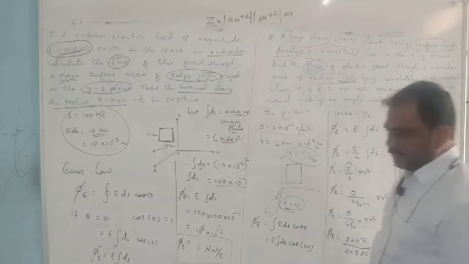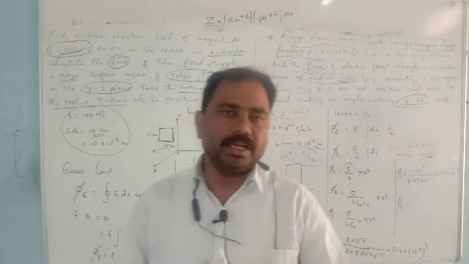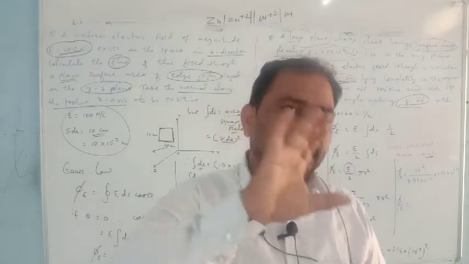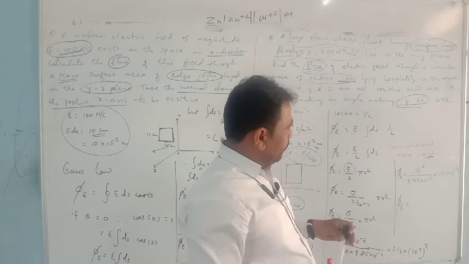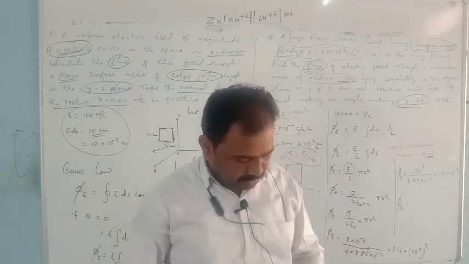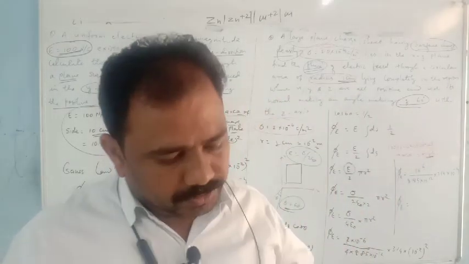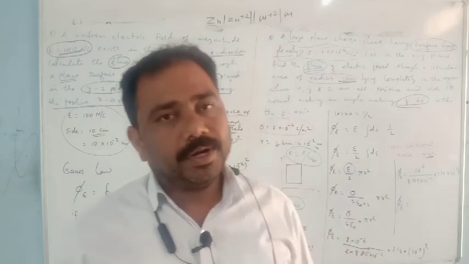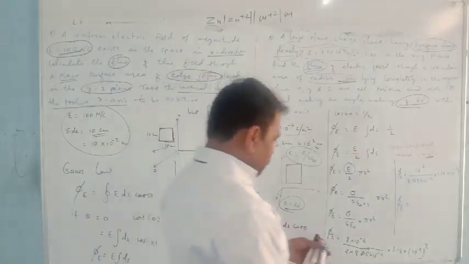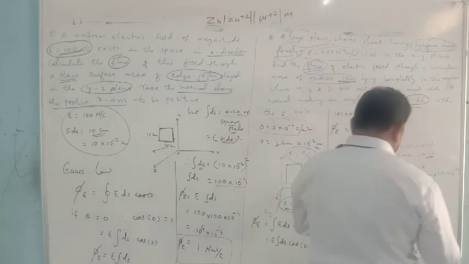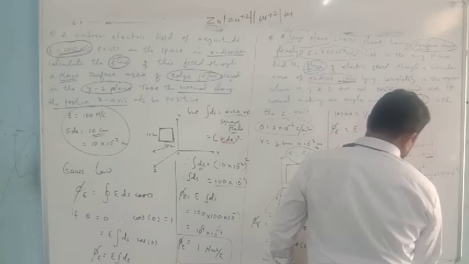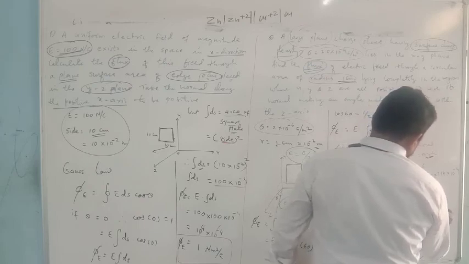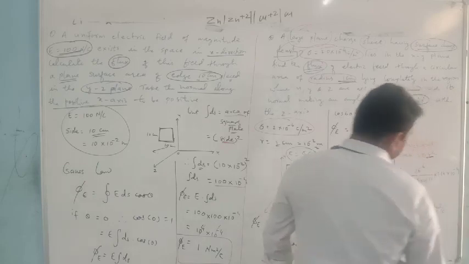We have to calculate the flux, that is, how many electric lines of force pass through that particular unit area. If you calculate this term, it will be 17.5 Newton meter square per coulomb. So 17.5 is the final answer, in Newton meter square per coulomb.